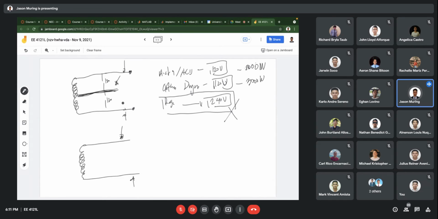When we use them, there will be cancellation of current here in the neutral. But when we calculate the neutral conductor, we have to base it on the maximum unbalance. So what would be the maximum unbalance in this case? Surely it would be this 5,000, if we look at the number of cases for our operations.